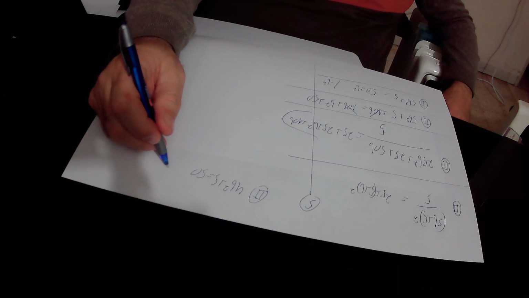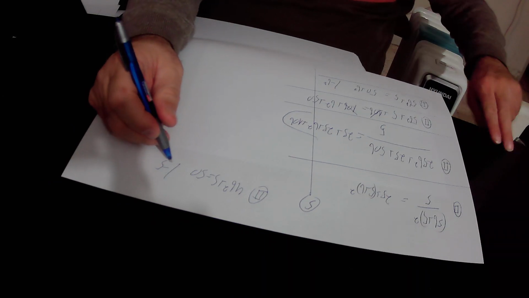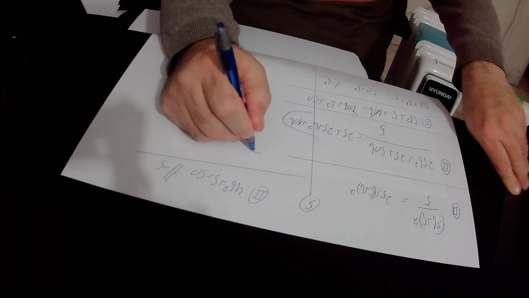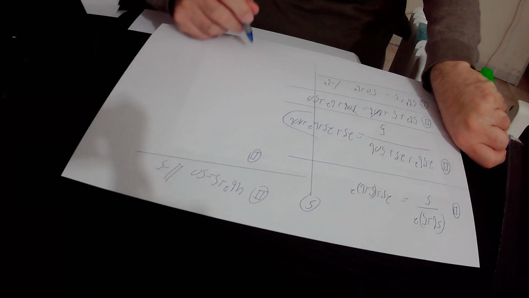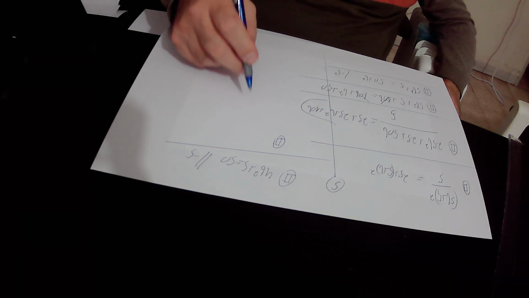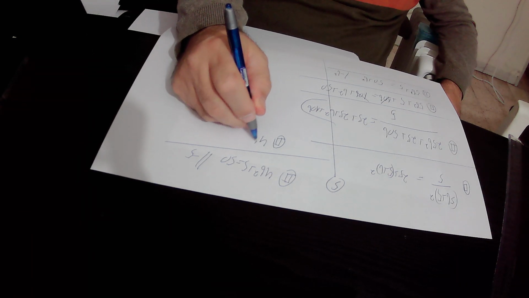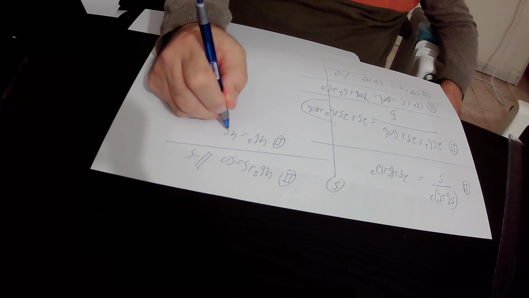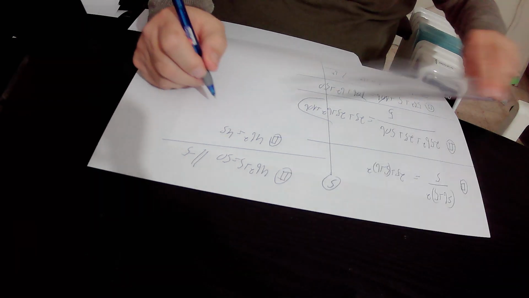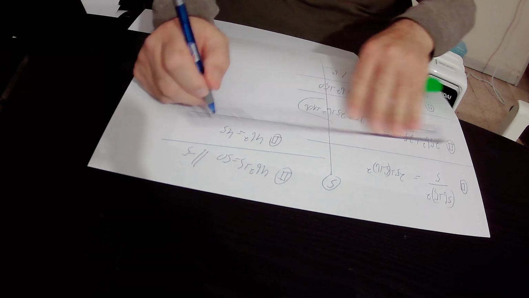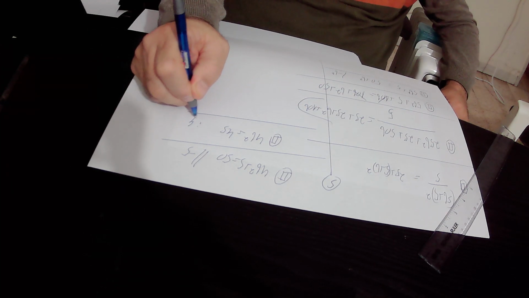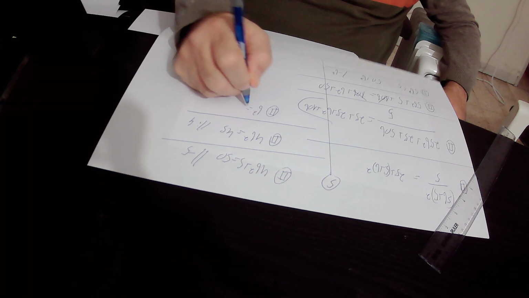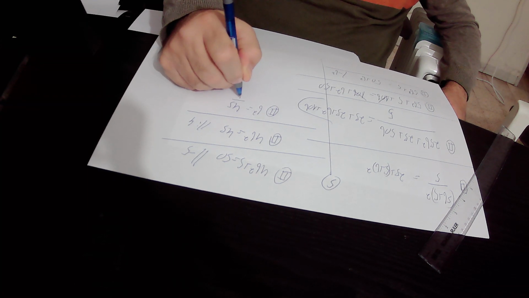Here we subtract 5 from the equation, and we get 4b squared equals 50 minus 5, which is 45. 4b squared equals 45. Here we divide equation number 2 by 4, and finally we get that b squared equals 45 over 4.